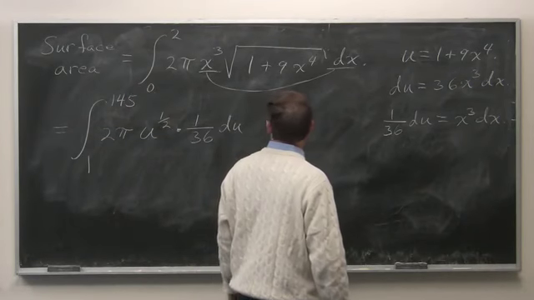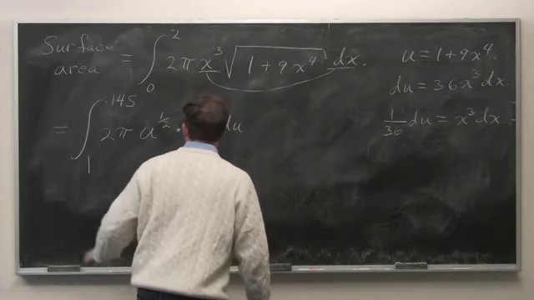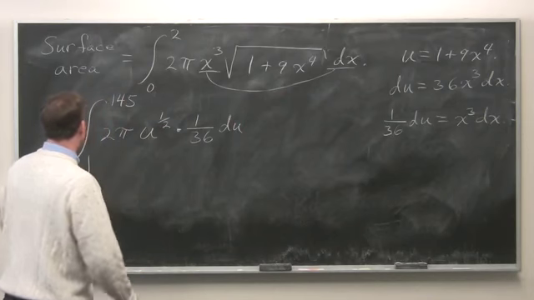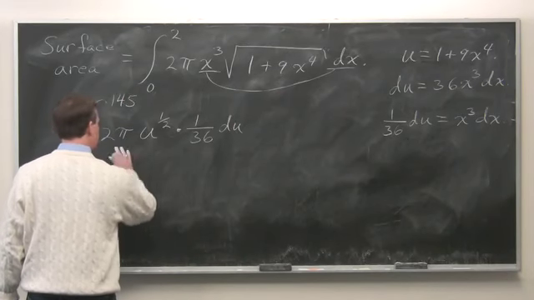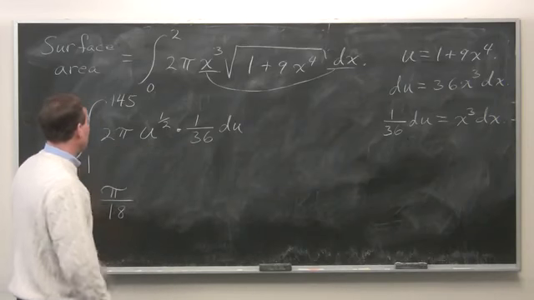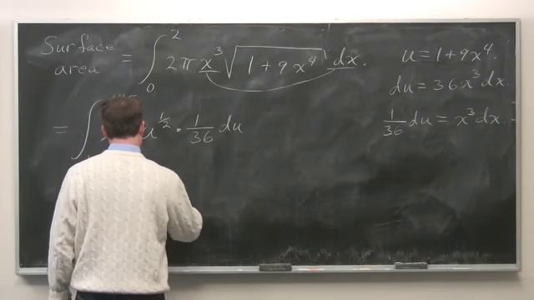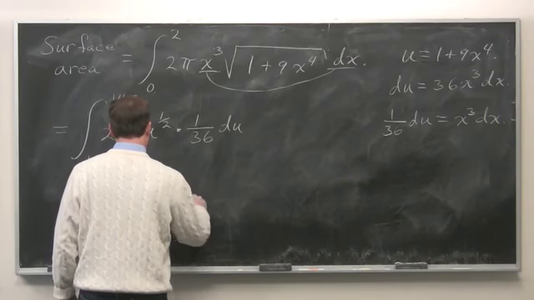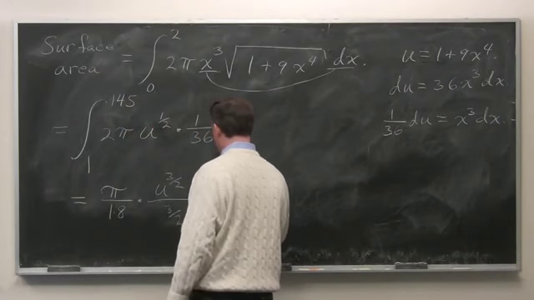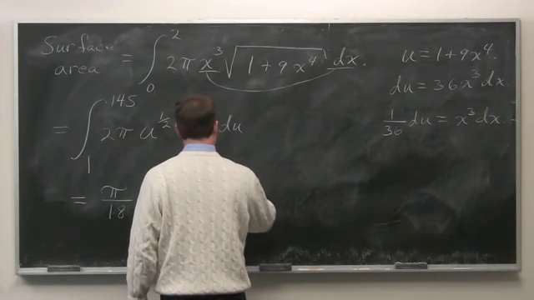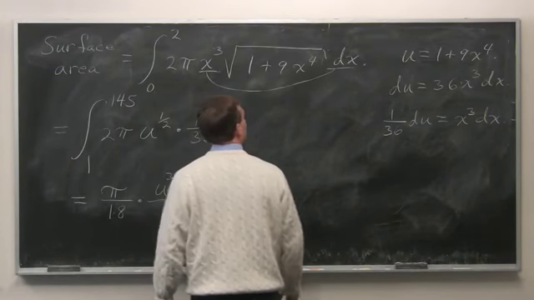So what is this? This is pi over 18. That's 2 pi over 36, pi over 18. Again, we're integrating u to the 1/2. You add 1 to the exponent, divide by the new exponent, and you evaluate as u goes from 1 to 145.